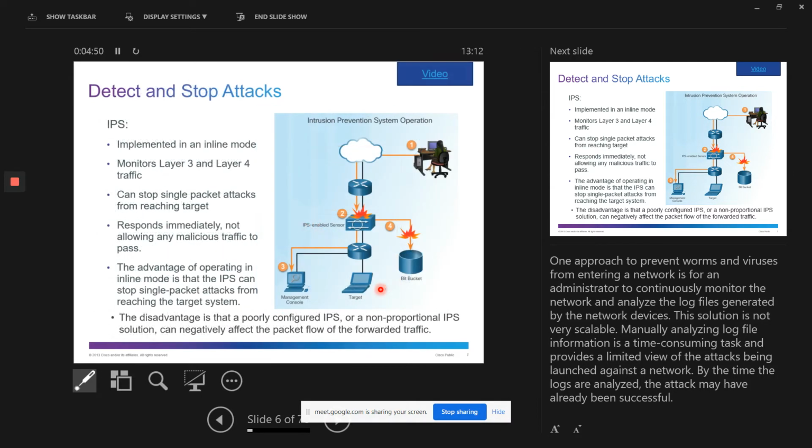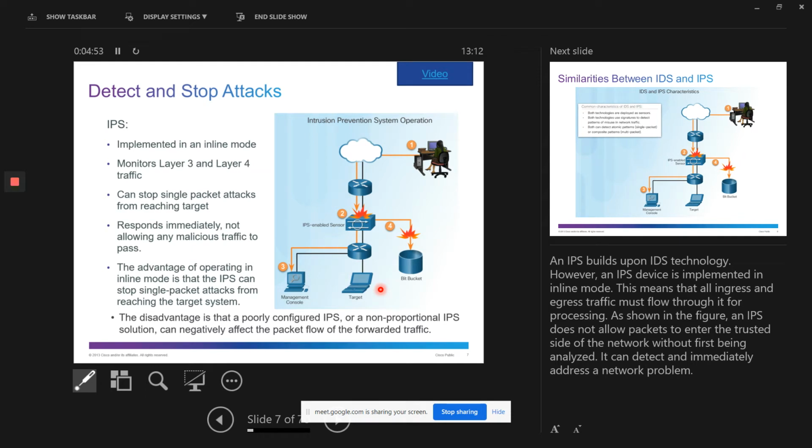In order to respond to this drawback of the IDS system, Cisco implemented something called the IPS system, which is intrusion prevention system. This system is implemented in an inline mode, so all the traffic is going to go through the IPS system, and anything that the IPS system finds malicious, it will put in a bit bucket, and all the genuine traffic will be allowed to travel on to your network.